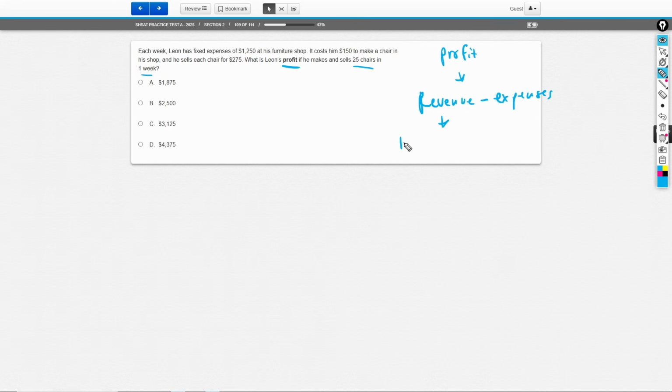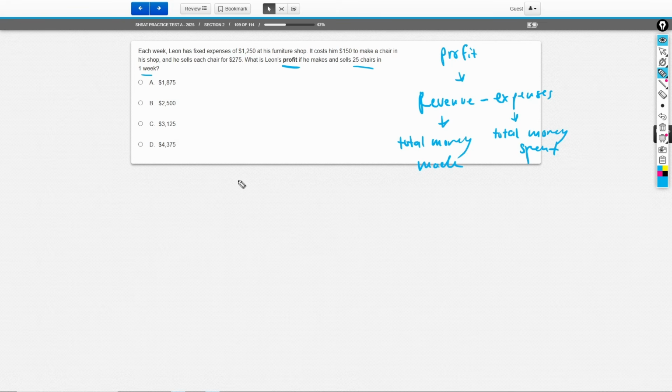So the revenue is the total money you make, and the expenses is total money spent. So in this case, we know that when Leon makes a chair, what's his revenue? First of all, the only way that Leon can make money is by selling chairs. Okay, that's his only source of revenue. Everything else is an expense.